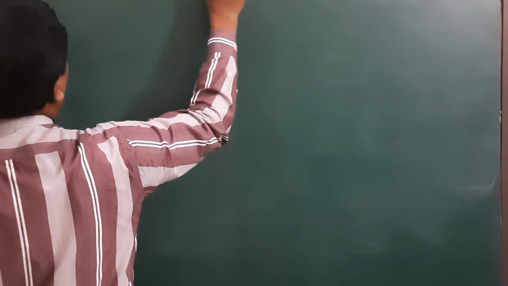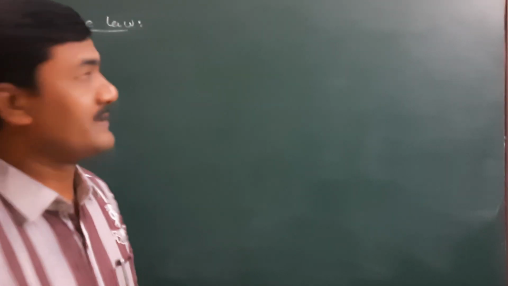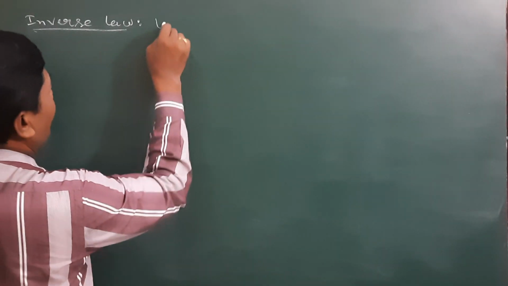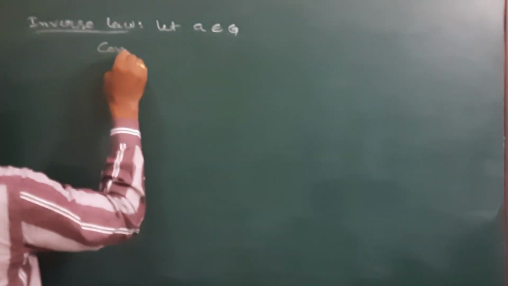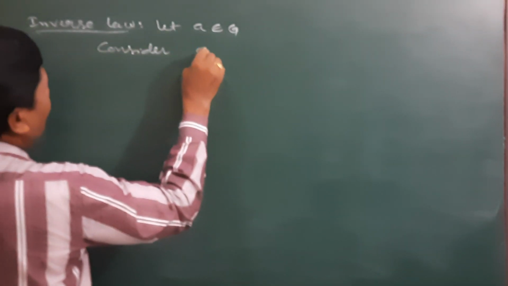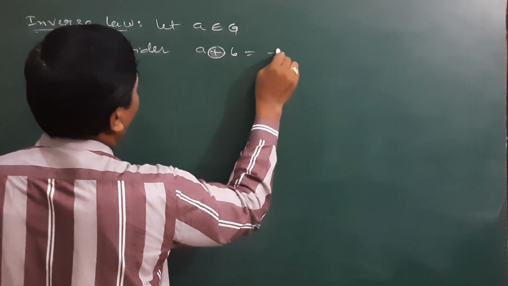So now the inverse property, the inverse law. Let a belong to G. Consider a ∗ b is equal to a ∘ b is equal to e only.